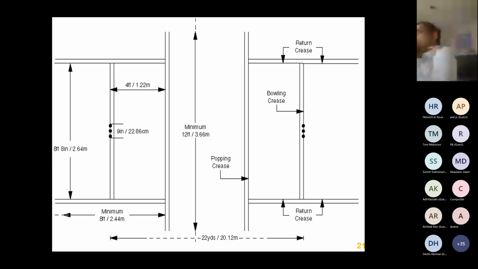Let's say the arrow was halfway, from the middle stump till the inside edge of the return crease. If the arrow only shows halfway, then they're only looking for half the measurement of the bowling crease. The same principle applies to the popping crease or any of the other creases.